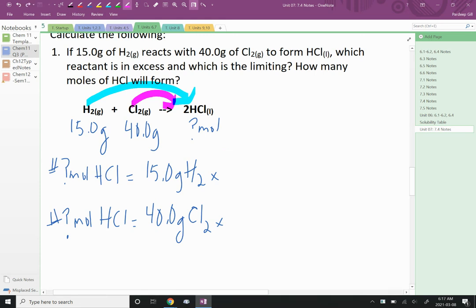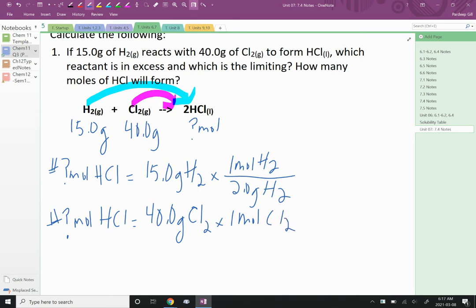For every 1 mole of H2, I have 2.0 grams of H2 from the periodic table, and for every 1 mole of Cl2, I have 71.0 grams of Cl2.